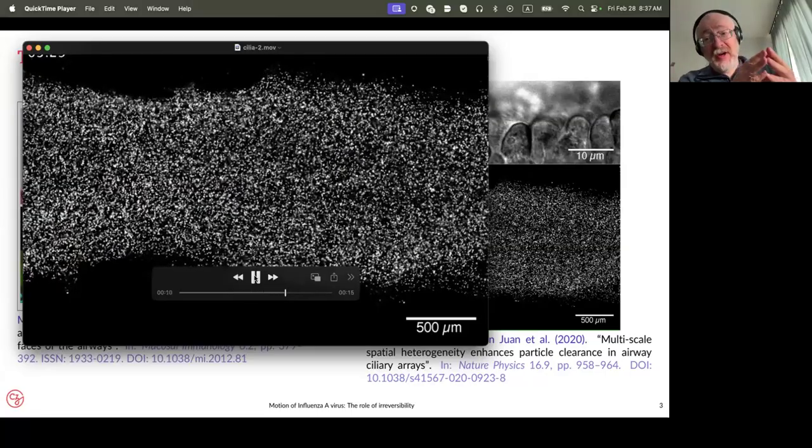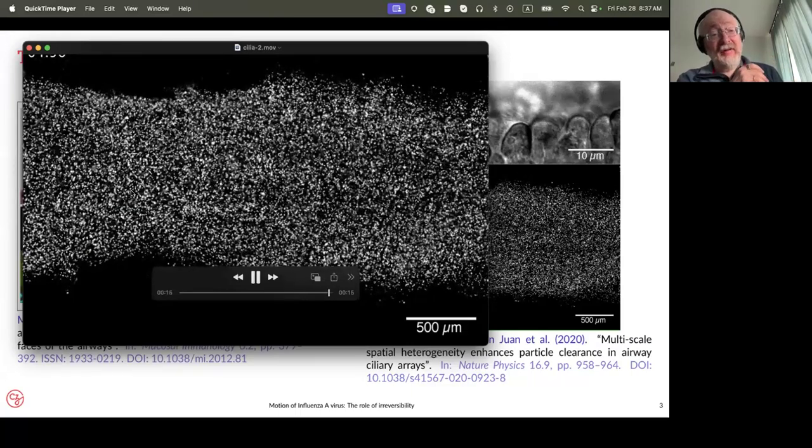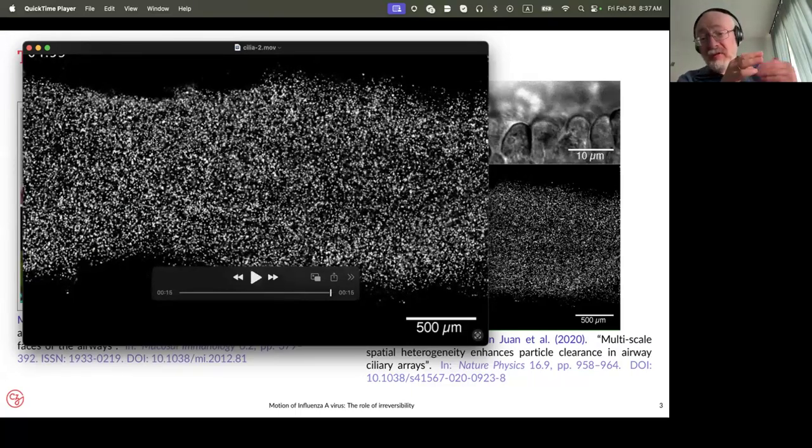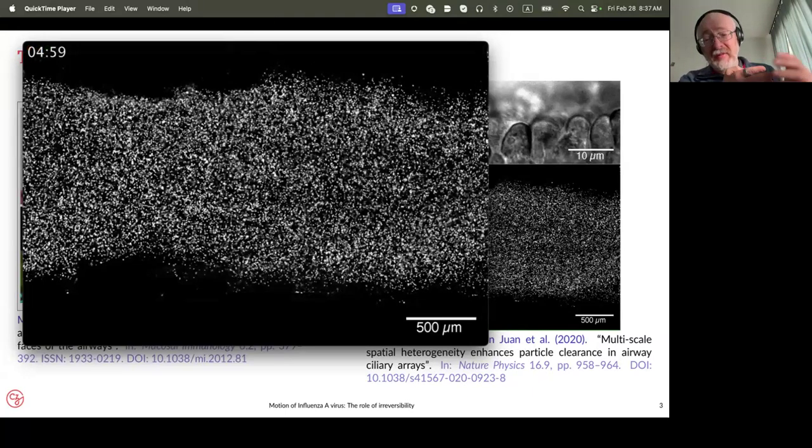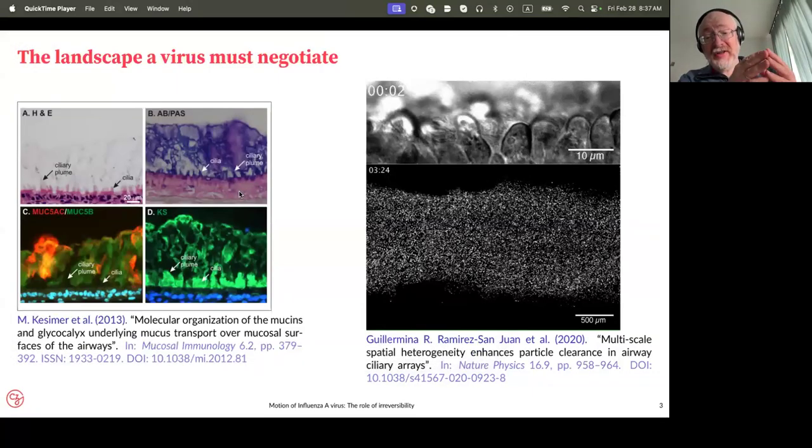This means that any pathogen or virus will go with the flow, be quickly cleared, and be eaten by phagocytes and so on. So this very difficult landscape makes it very difficult for a virus to infect you.